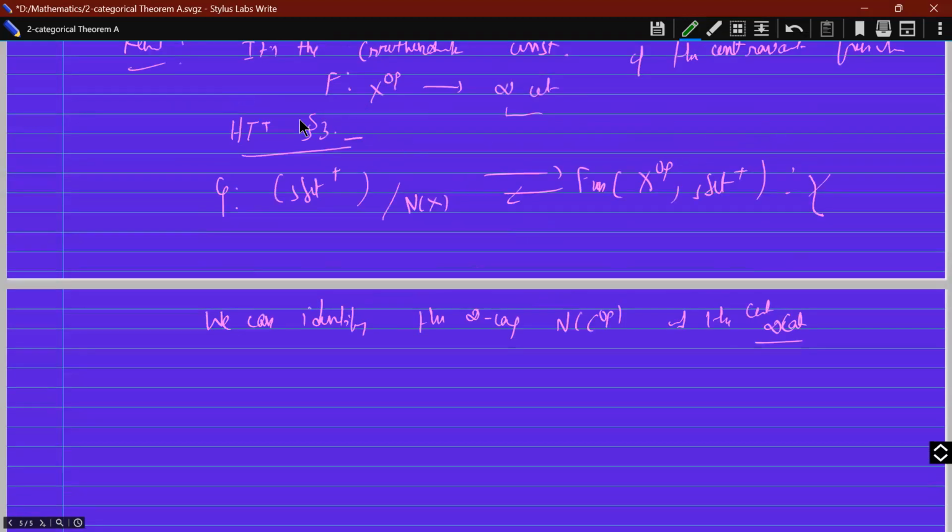We can identify the infinity category of functors from the opposite category C^op to the infinity category of small infinity categories and Cartesian fibrations. You can find the details in 3.2 if I'm not wrong.